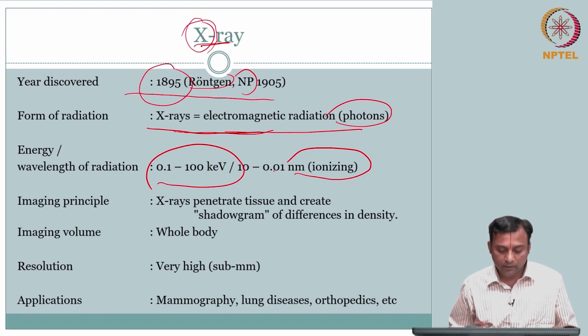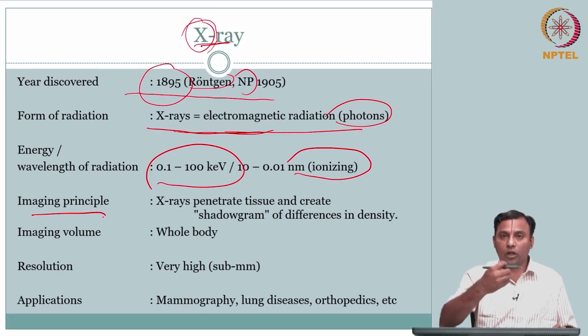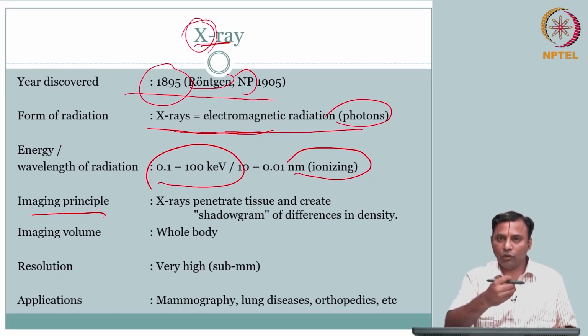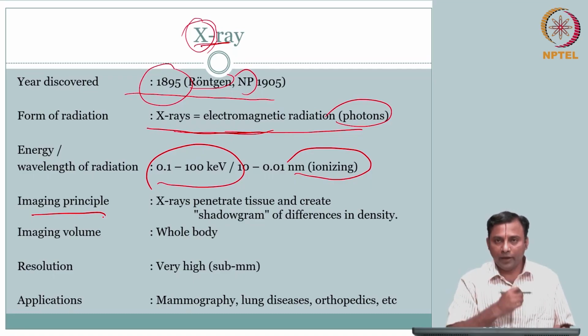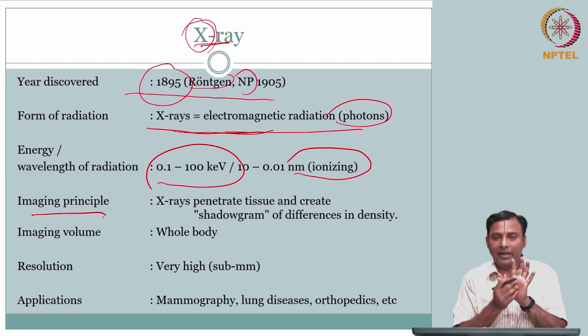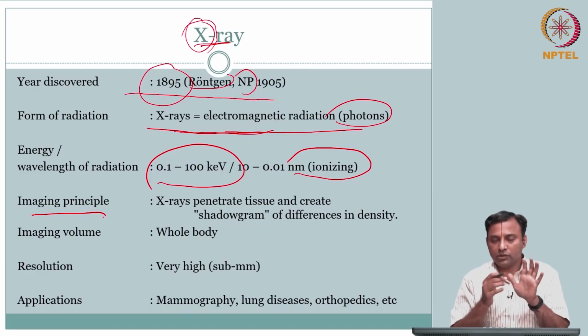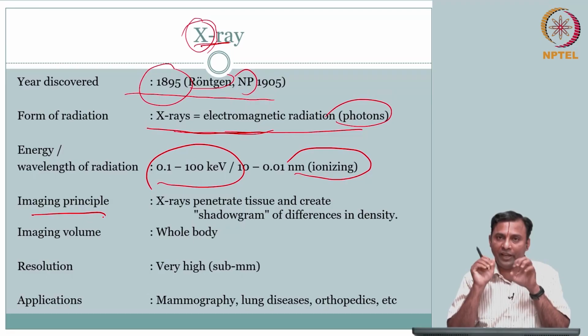And the imaging principle, right. What is the imaging principle? So I shoot a photon, I shoot an X-ray photon, that is photons having energy in the X-ray range. So it is going through the body. When it is going through the body, it is going to interact with the medium, right. So our medium is going to try to stop the photons, it is going to take the energy away.